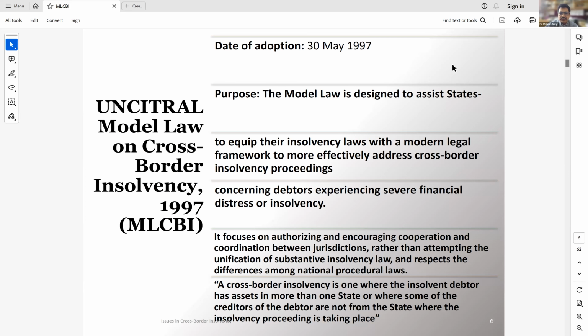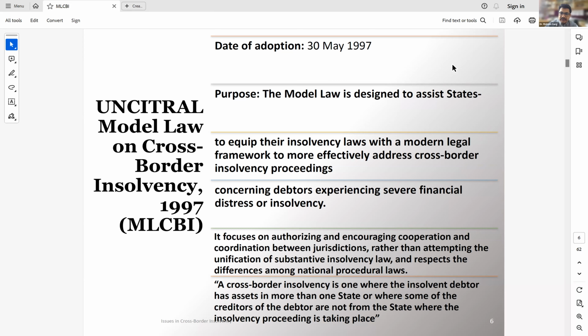Now, moving on to the UNCITRAL model law on cross-border insolvency. The date of adoption was 30th May 1997. And the purpose is that it is designed to assist the states to equip their insolvency law with a modern legal framework to more effectively address cross-border insolvency proceedings.